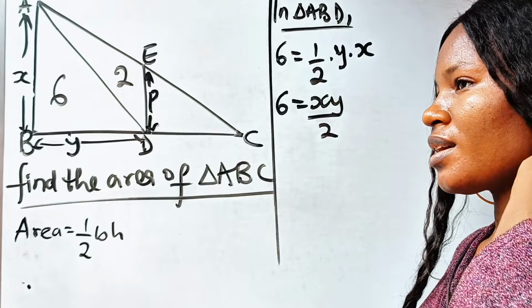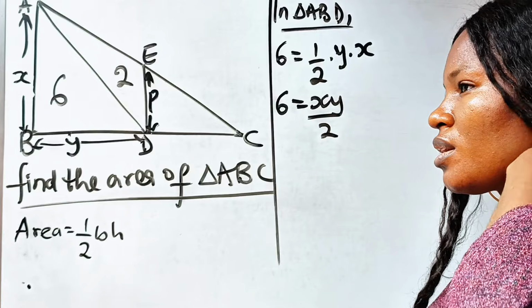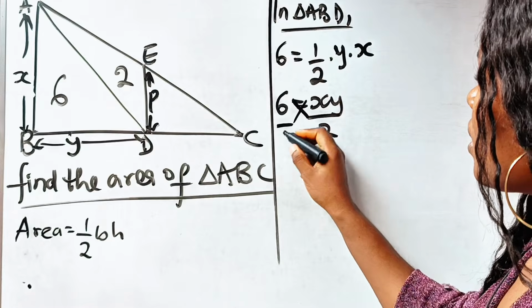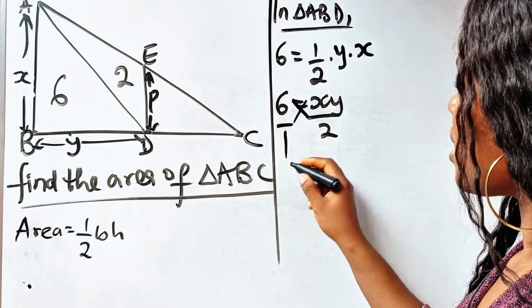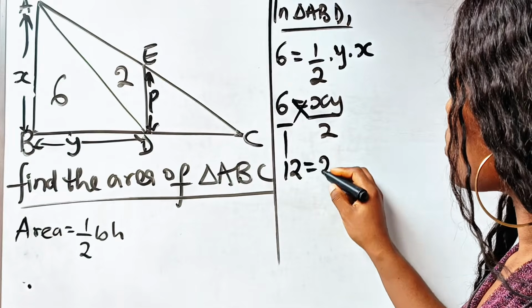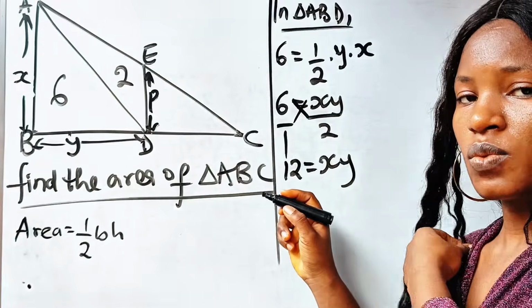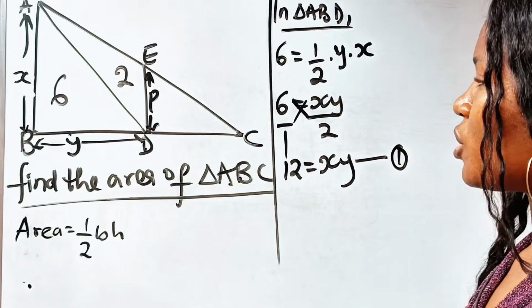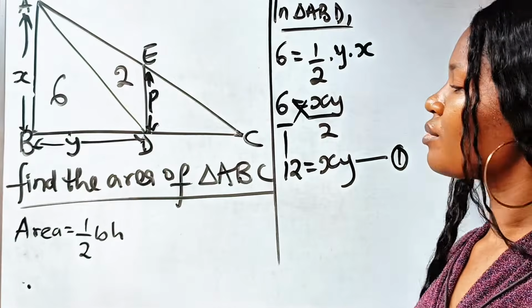Then cross multiplying, 6 times 2 is 12, so we have 12 is equal to xy. We call this equation 1.